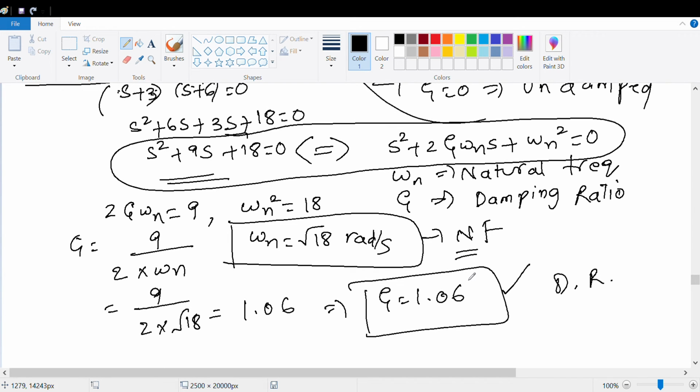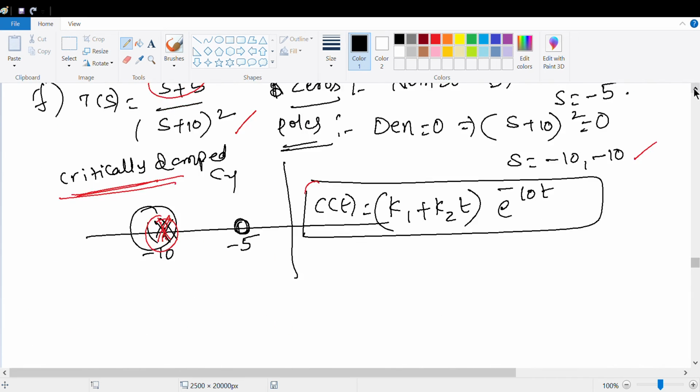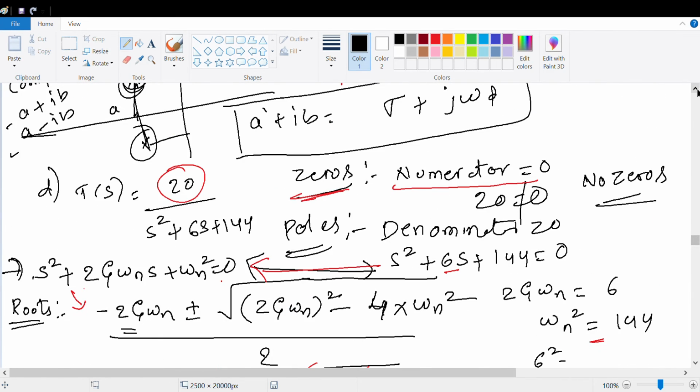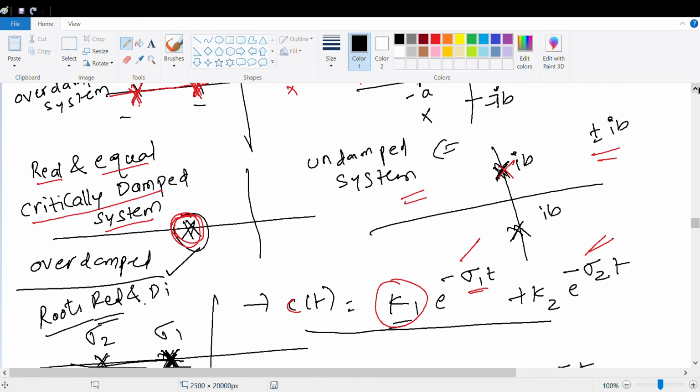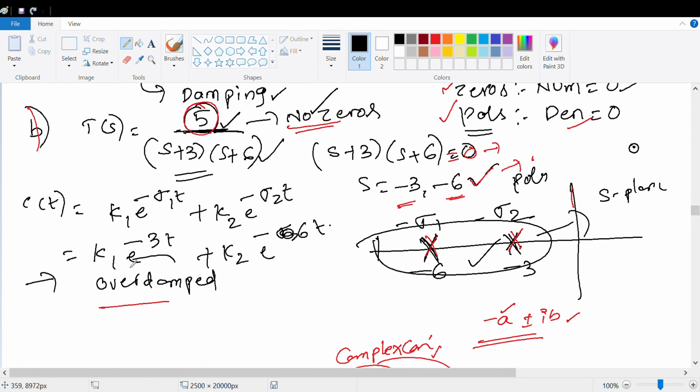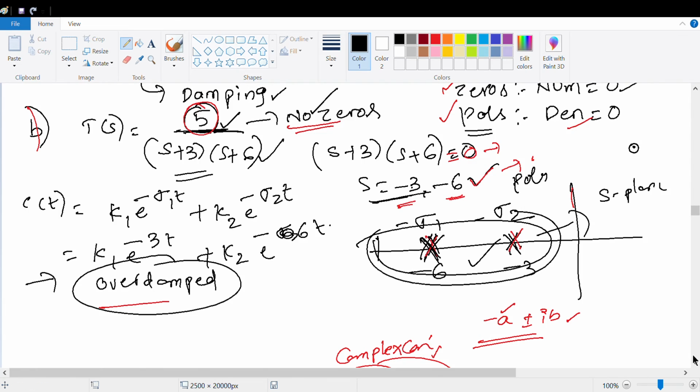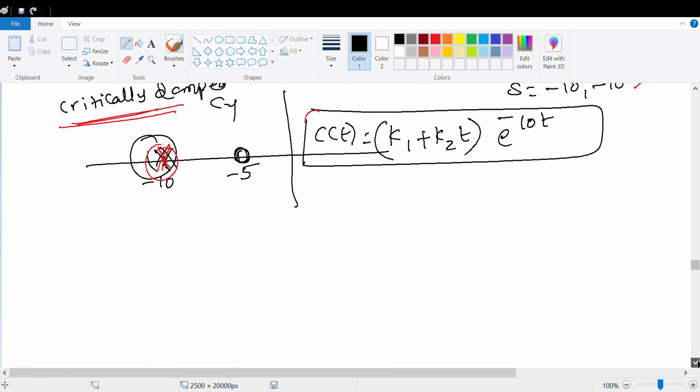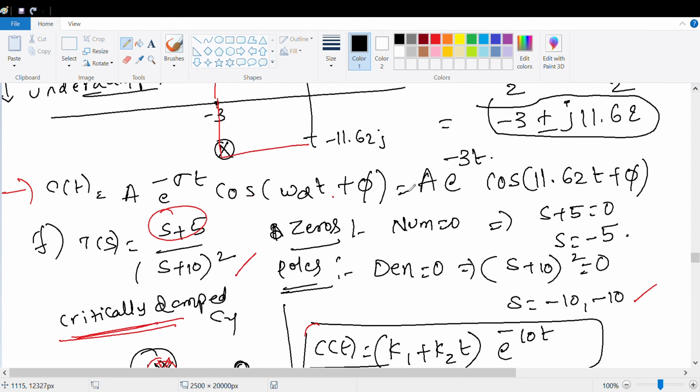Show that the value of damping ratio confirms the type of response. So the damping ratio is greater than 1, so we call it an overdamped system. Same as in 6b, we found it is an overdamped system, but there we found it using the poles, and here we calculated it using the formula, by using zeta and omega n.